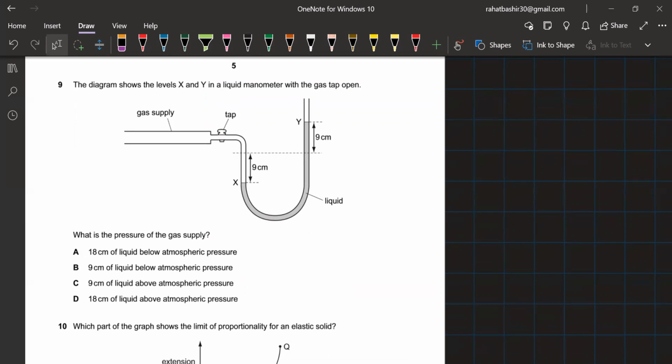What is the pressure of the gas supply? So I think here you need to say that this is the thing. So the answer would be 18 centimeter above atmospheric pressure because it has gone down.